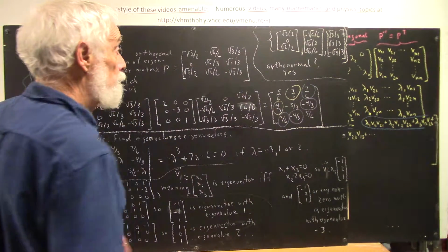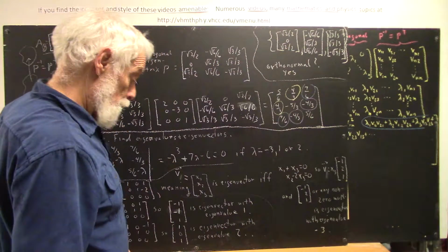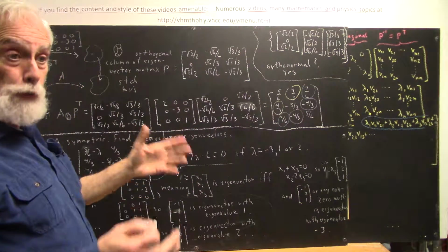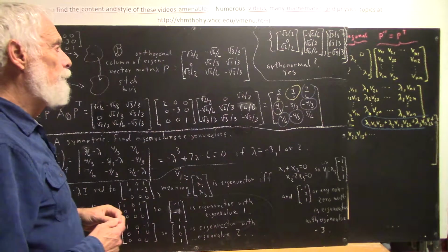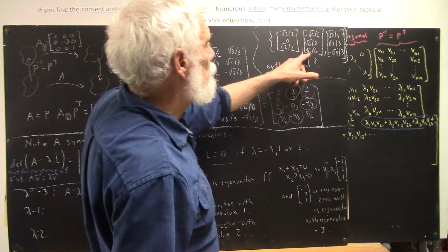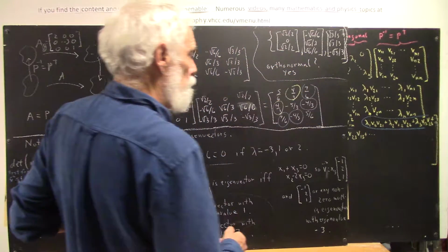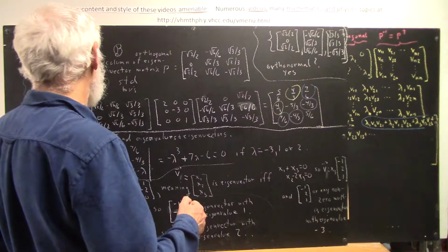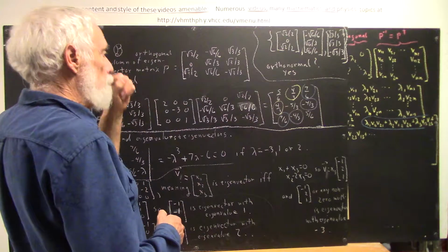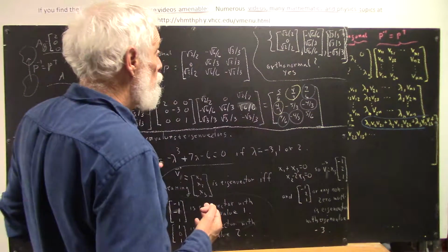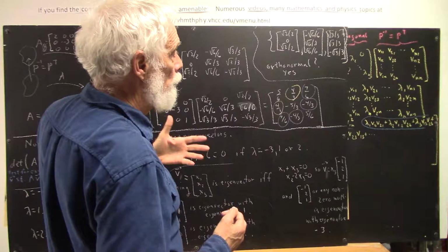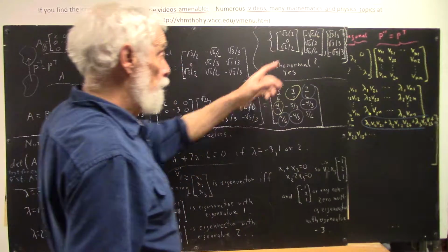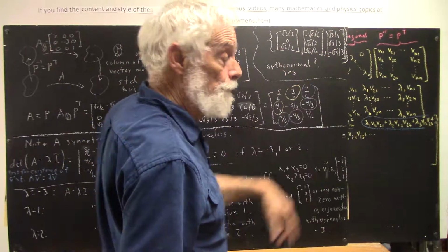So the answer to this is yes. Now, if we use this orthonormal set as a basis for R3, and if we assume that these are eigenvectors, then what does a linear transformation relative to this basis look like?